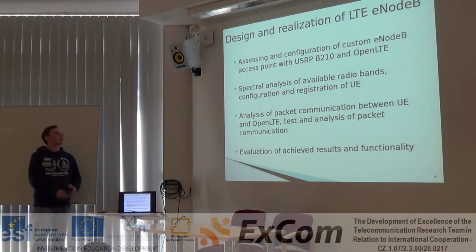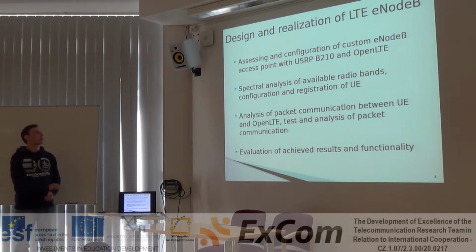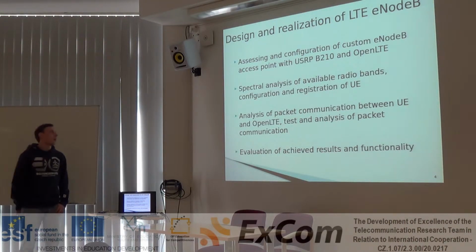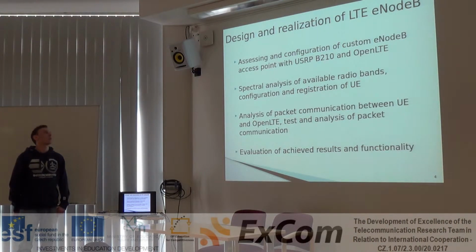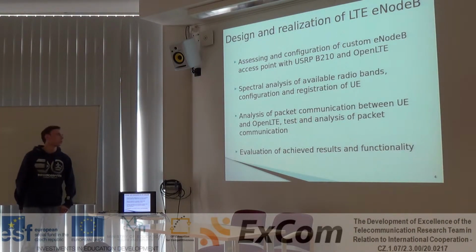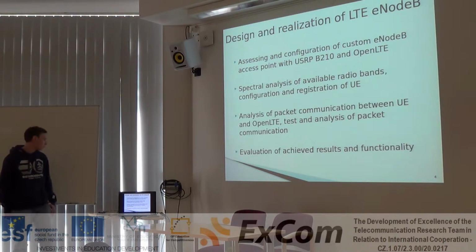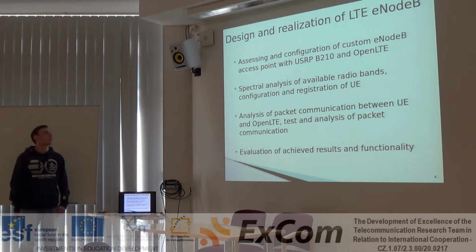Design and realization of the LTE eNode B. If you want to design our own LTE eNode B, we first need to assemble and configure the custom eNode B access point with the software-defined radio USRP B210.